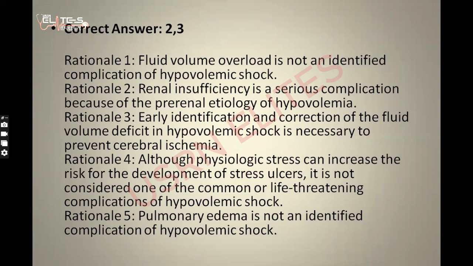So you see, this question, I think that's the time I flagged it. Let's go to the rationale and see. Fluid volume overload is not identified as a complication. So you see, this question is a bit dicey. I think of where I took the question from and how it's formed. It has a two-way understanding.